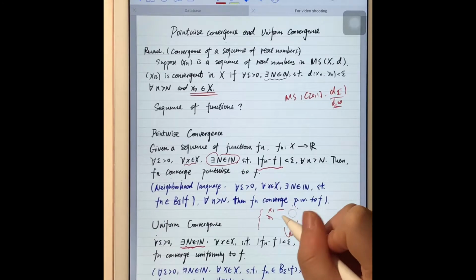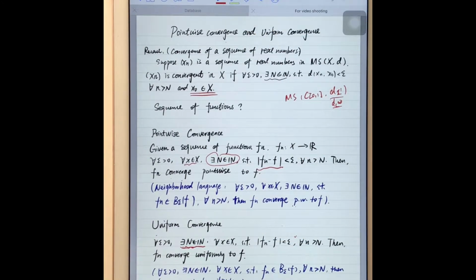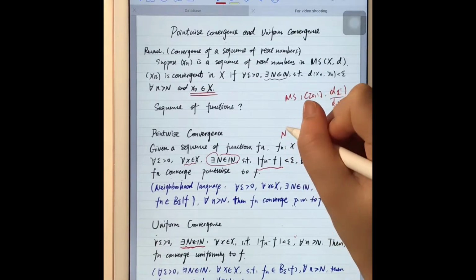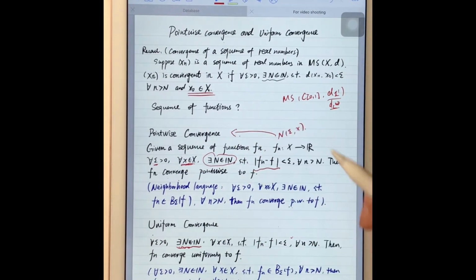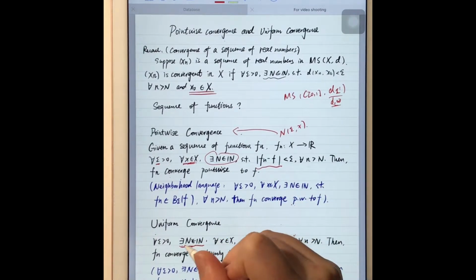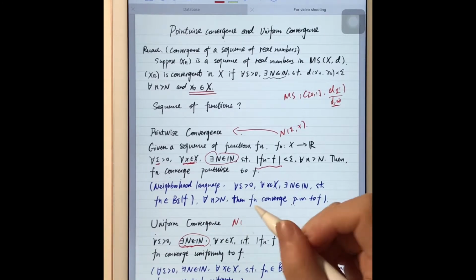So another way to say it is that in pointwise convergence, the natural number N can be a function of epsilon and x, because you are going to find N when you are given epsilon and x. And for uniform convergence, the natural number N you find can only be a function of epsilon.